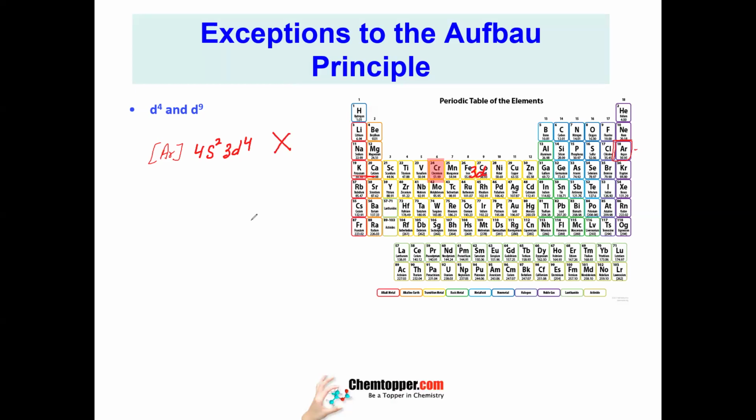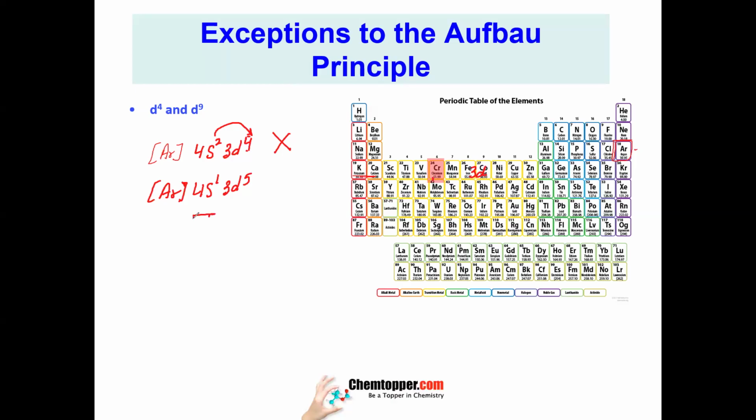In place of this configuration, one electron jumps from here and goes over here. It's like this: 4s1, 3d5. This is the configuration of chromium. This one, not this one.